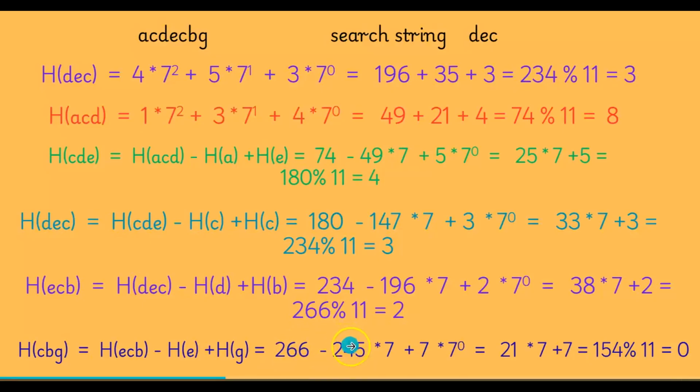So subtract these two and multiply by 7, plus we have to add the hash value of G. G is assigned with number 7 and multiply by 7 to the power of 0. You are getting 154 and find the modulo of 11. The result is 0. So this does not match with the hash value of the search string. So we need not compare each character one by one.